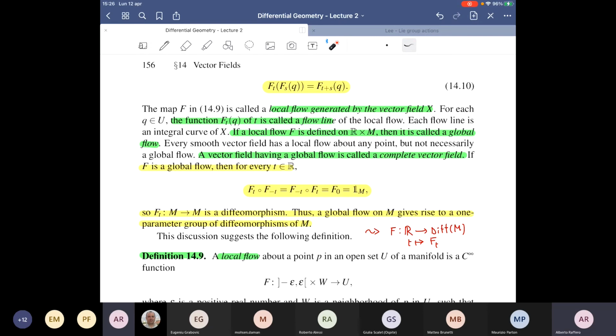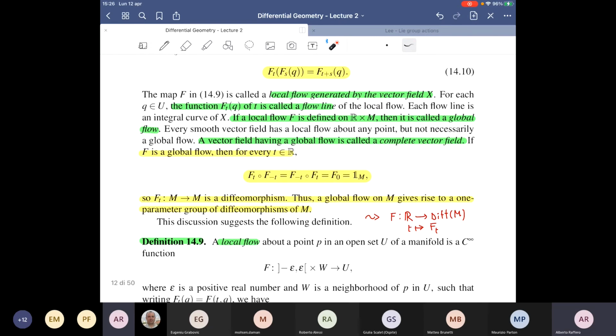So as you can see, when you have a complete vector field, and so a global flow, then you will end up again with the so-called one-parameter group of diffeomorphisms. Your map, your global flow F, can be thought of as a group homomorphism between R and the diffeomorphism group of the manifold.